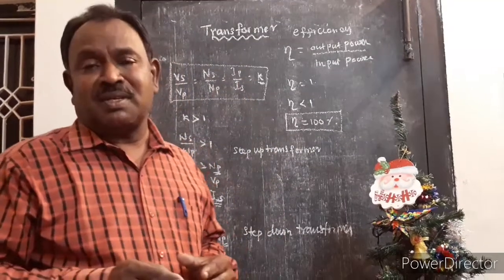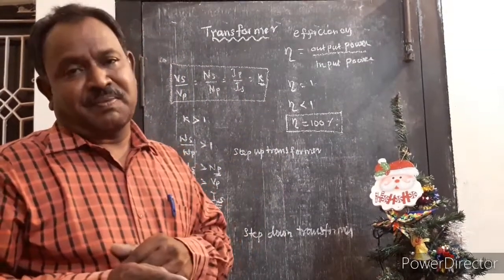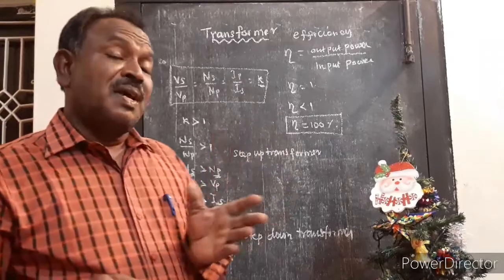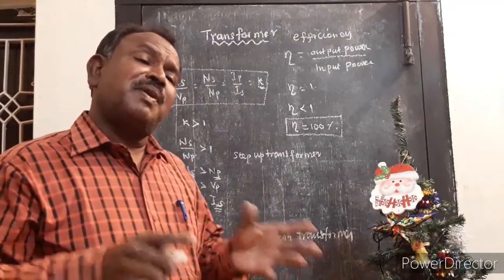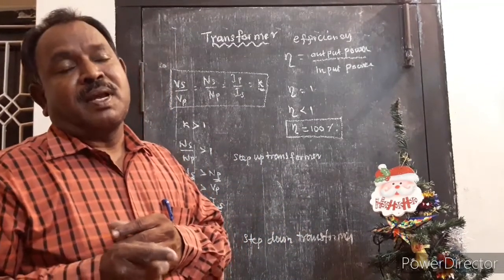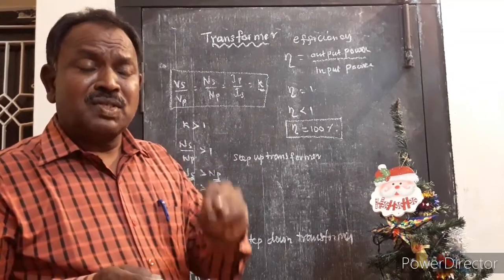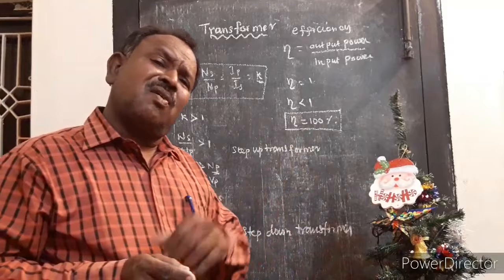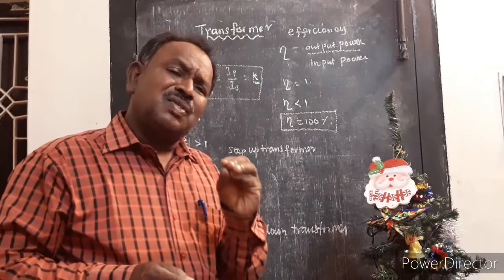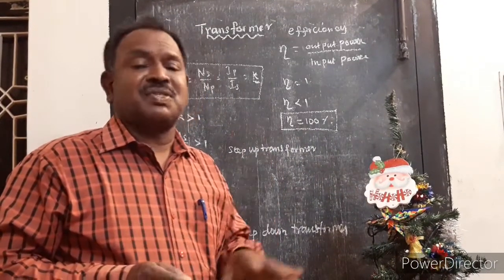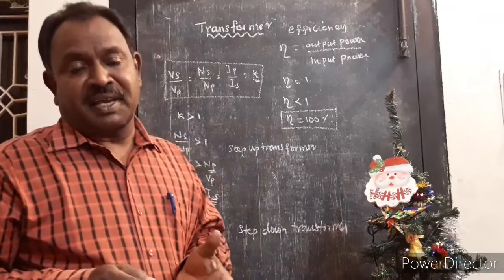The third loss in a transformer is the flux leakage. When you consider a transformer with primary coil and secondary coil, in an actual transformer, the flux linked with the primary coil is not fully linked with the secondary coil. So there occurs some leakage of flux. This is called flux leakage.